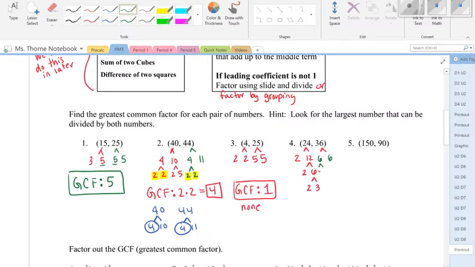And that breaks down into 2 times 3 and 2 times 3. So if we look for our common factors, we have the 2 here and here. We also have this 2 and this 2, and then I see a 3 and a 3. So that means my greatest common factor would be 2 times 2 times 3, which is, of course, 12.